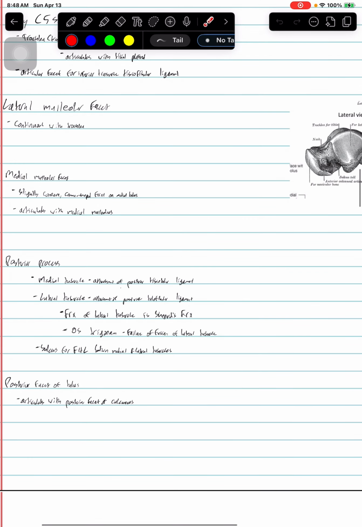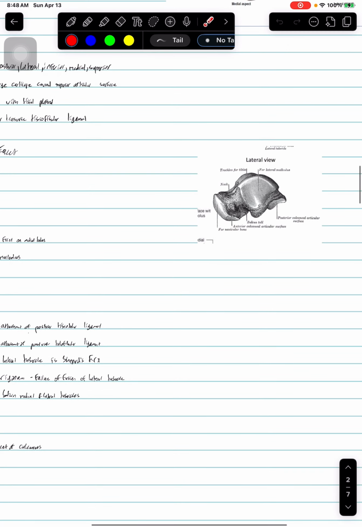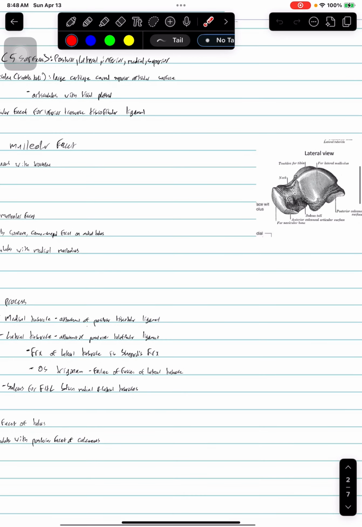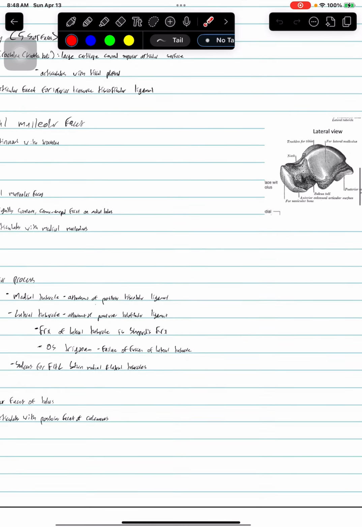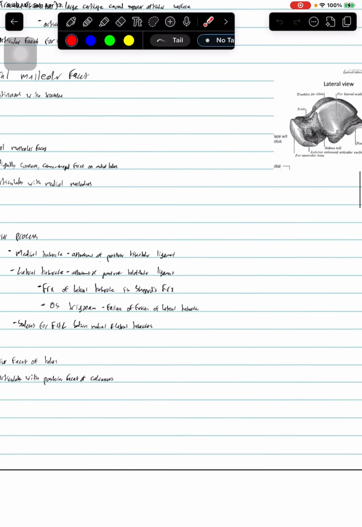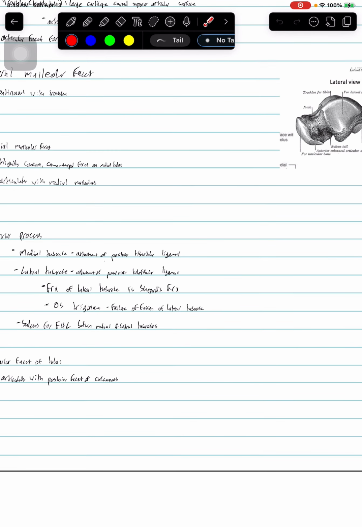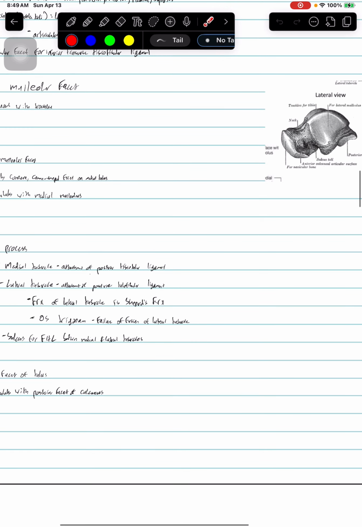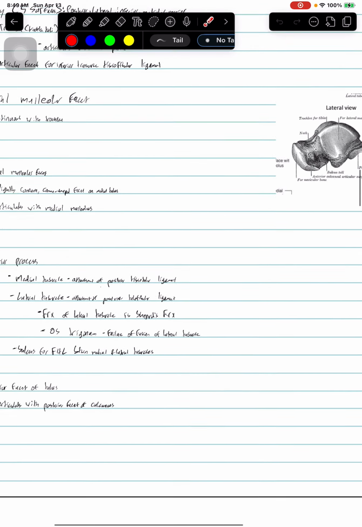The lateral tubercle of the posterior process, when it's fractured, can be known as Shepherd's fracture. And os trigonum occurs when you have a failure of fusion of the lateral tubercle.